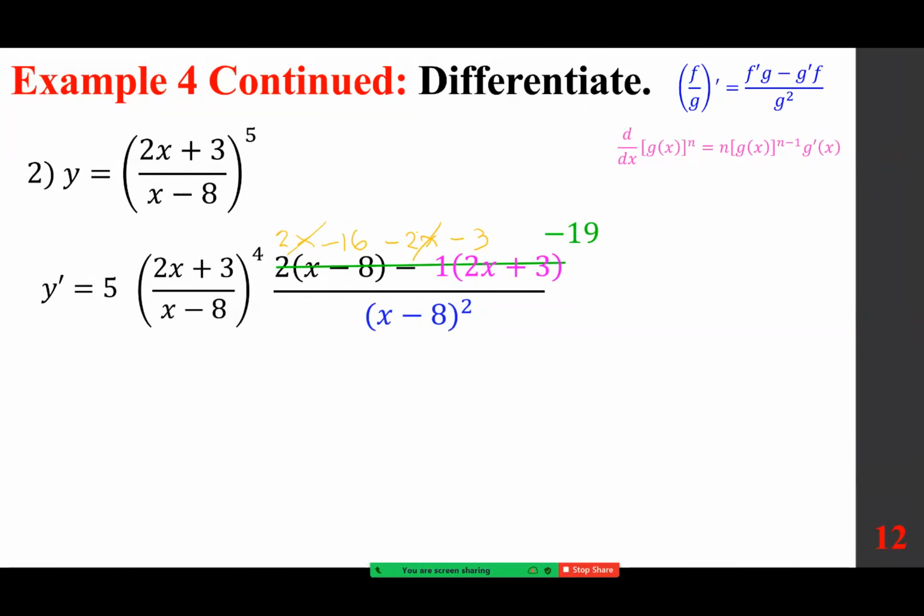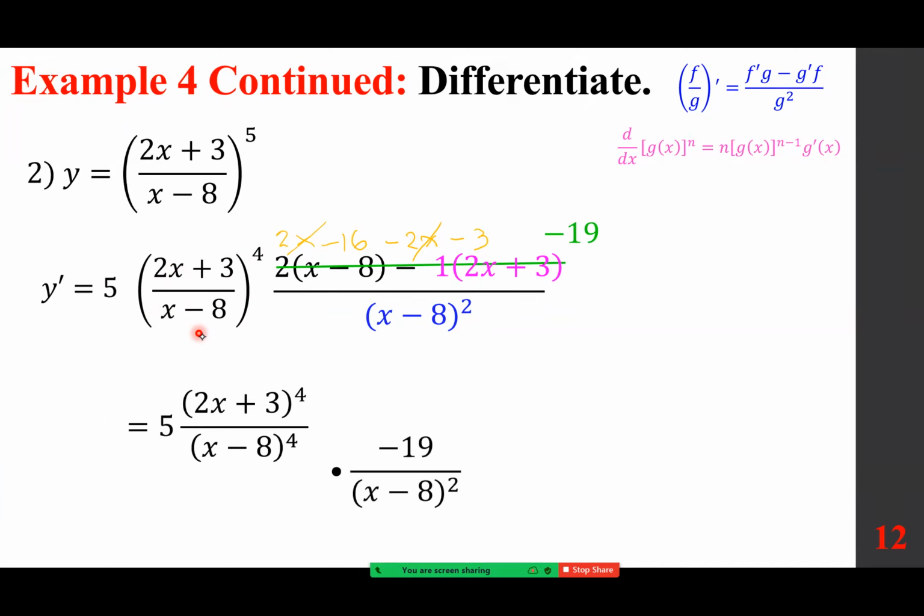Now, the next step, I write it for the sake of those who may not notice that we can combine these two. So we have this, we have this, we have this. We're not going to change it. This one, I'm going to change it to 2x plus 3 to the power of 4 over x minus 8 to the power of 4. And I'm going to write the last part. And so right away, we recognize the denominator becomes x minus 8 to the power of 4, and 2 add up to 6.